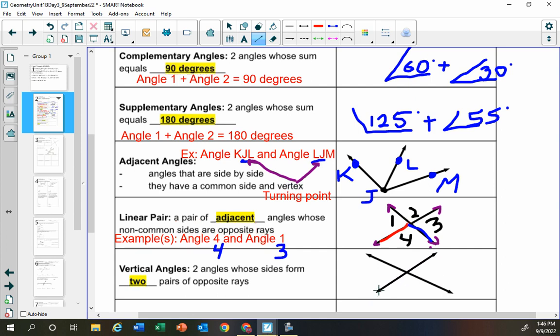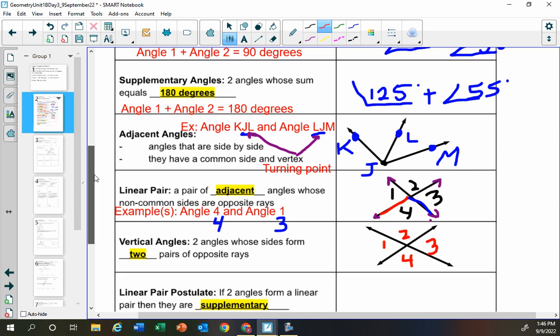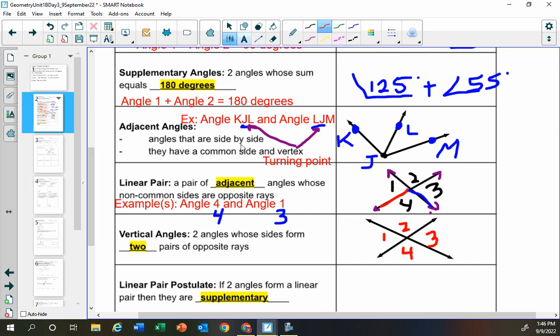So yeah, if we had same diagram, 1, 2, 3, 4, then you could say that's an example of vertical angles. 2 and 4.